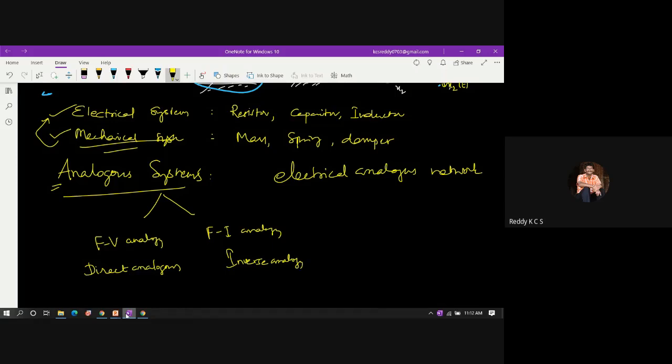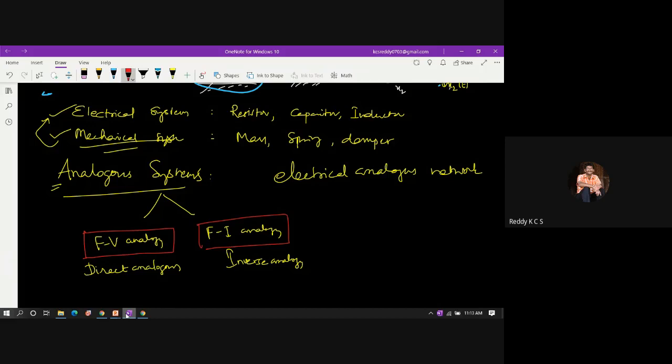These are the two methods we are going to discuss now, which give the electrical equivalent of the mechanical system.